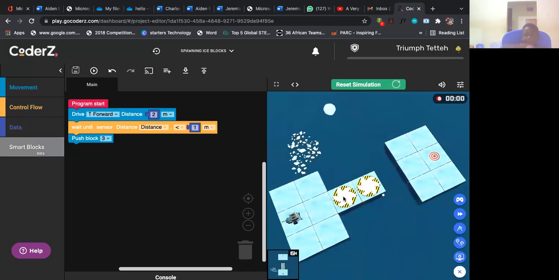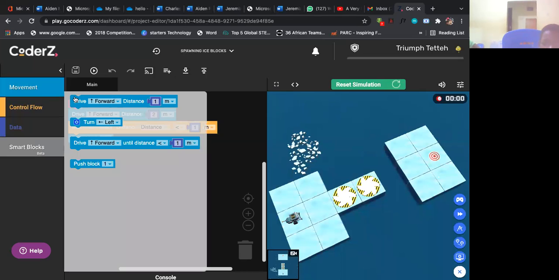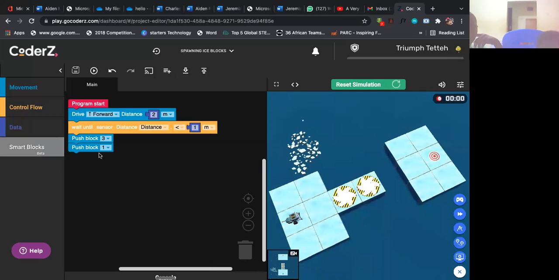When it appears, we are applying a power of 3 to push it, right? Okay. What do you think we should do next? We'll push the block again. Okay. So we should push the block again. With what power? By how much power? 3 again. By 3 again.